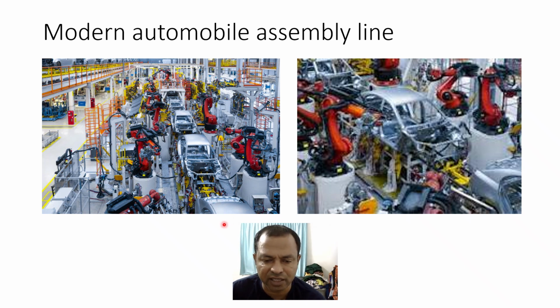You can see in the first and second pictures a car manufacturing assembly line. The production of the car starts from one end of the line and finishes at the other end of the line. That kind of arrangement is known as assembly line.